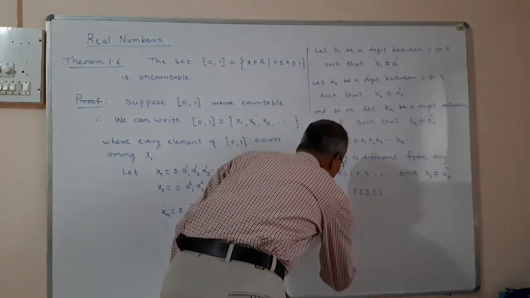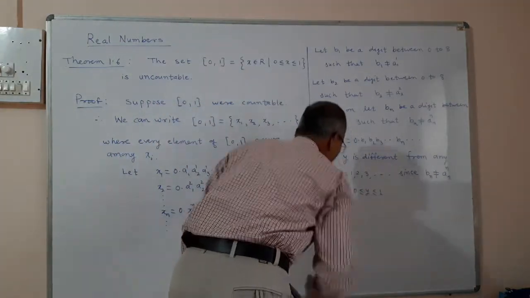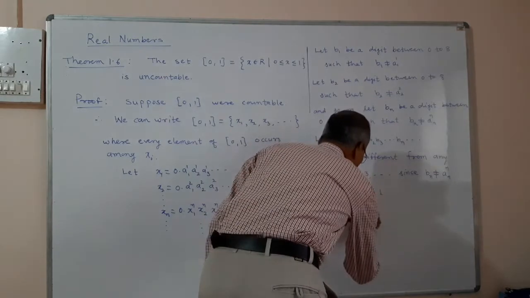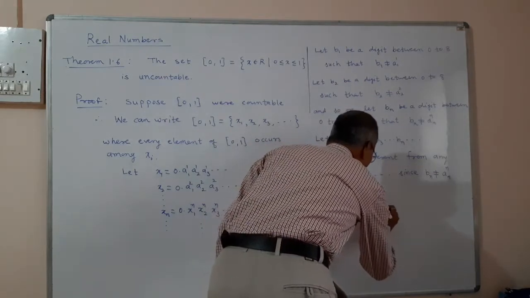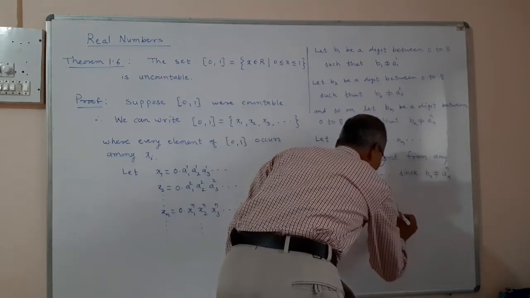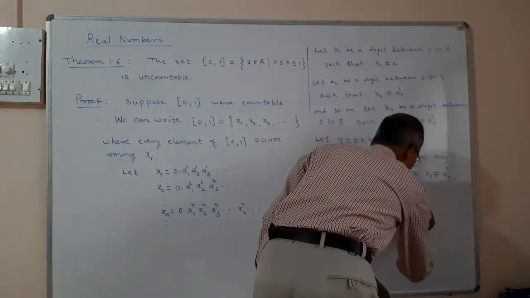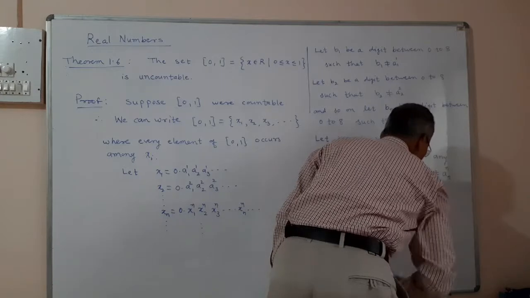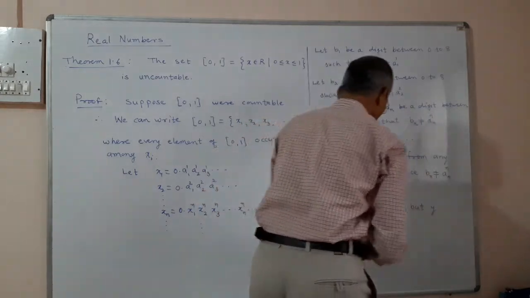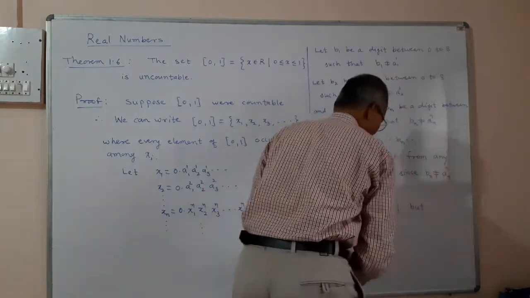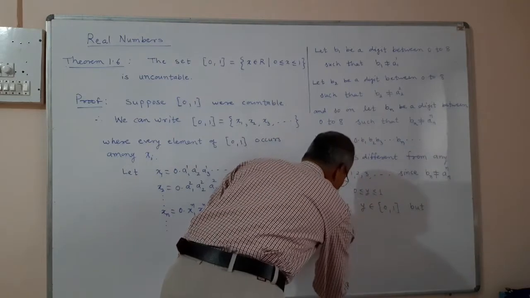Thus y belongs to the interval 0 to 1, but y is not equal to xn.